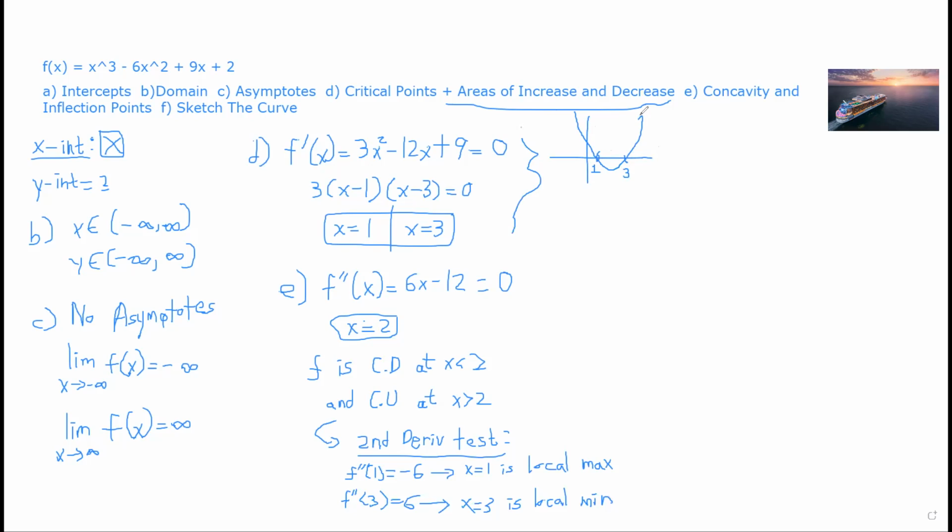You can see that from negative infinity to 1, f prime of x is above 0, it's above 0 for x greater than 3, and it's below 0 between 1 and 3.